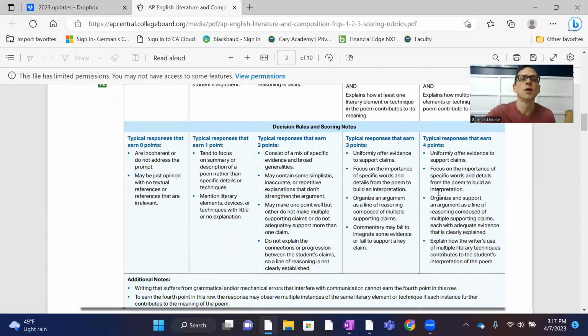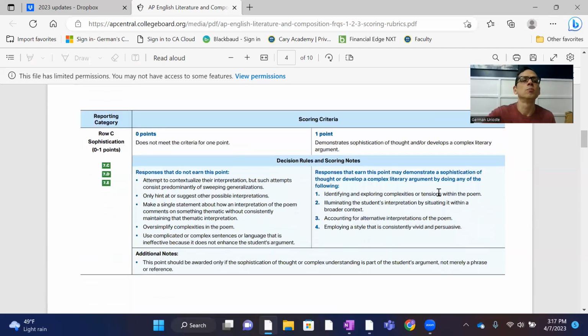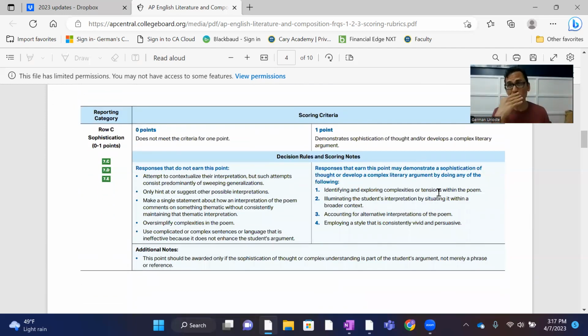And then the final point would be the sophistication piece, which is basically analogous to boldness of thinking. Remember that? Is your thesis really worthy and strong and interesting? So it's not just that you have a thesis, it's, as it says here, the overall sophistication of your thought throughout demonstrates sophistication of thought and or develops a complex literary argument.